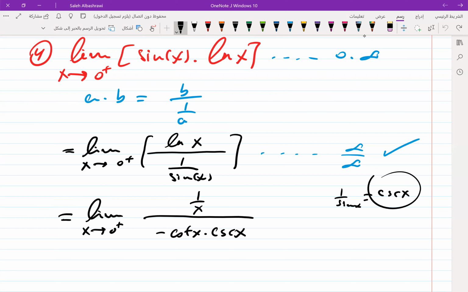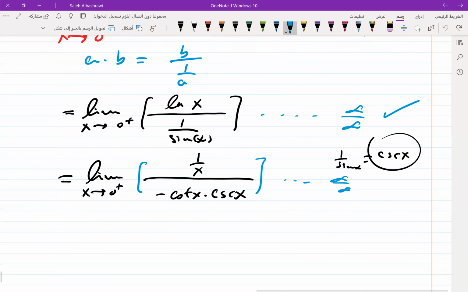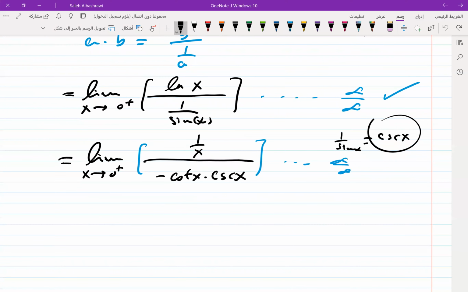So I will have 1 over 0 divided by cosecant of 0, which is infinity over infinity. Again, I have infinity over infinity. So we can differentiate, or we can simplify first. Let's simplify the function, then try to differentiate.